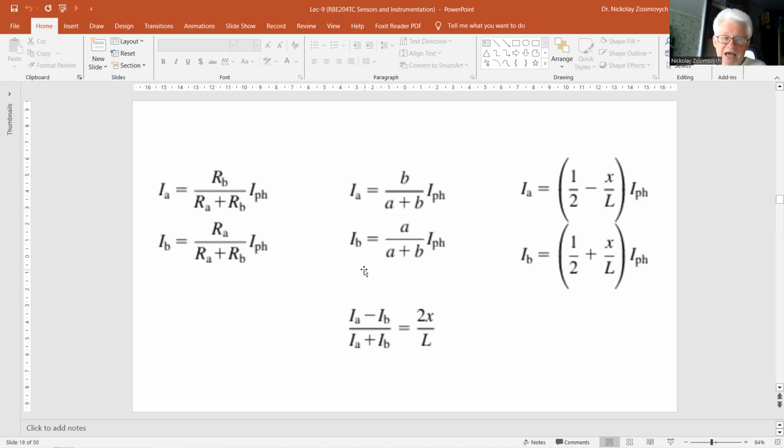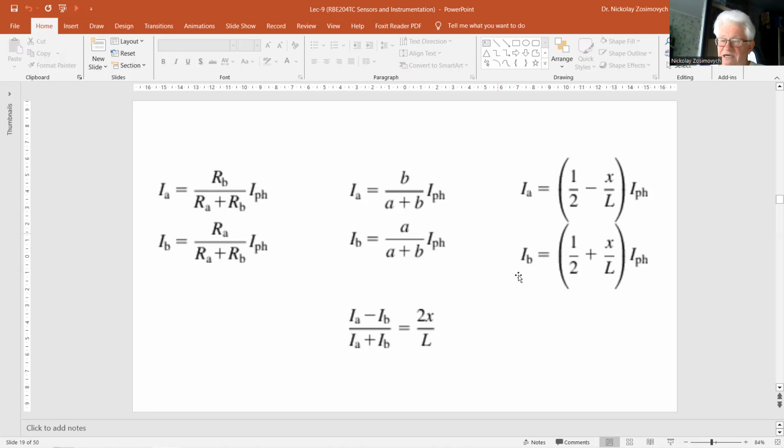And thus, X is the position of the light beam relative to the center, where X equals 0. And further, when the total length of the PSD is equal to L, as you can see on this part, the distance in figure A equals half L plus X, and B equals L minus A.